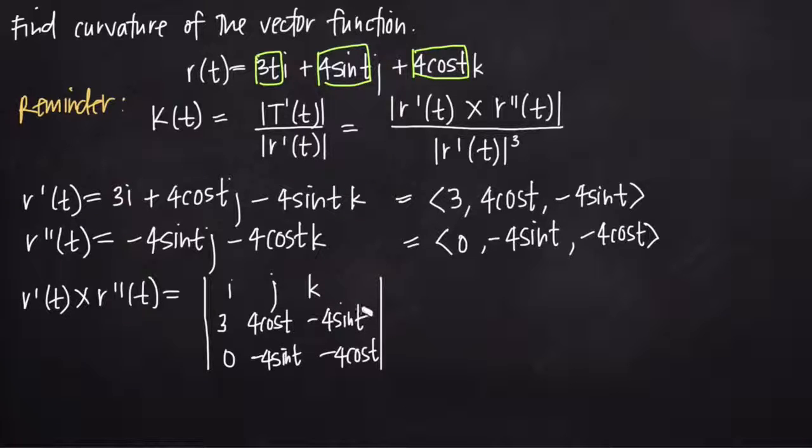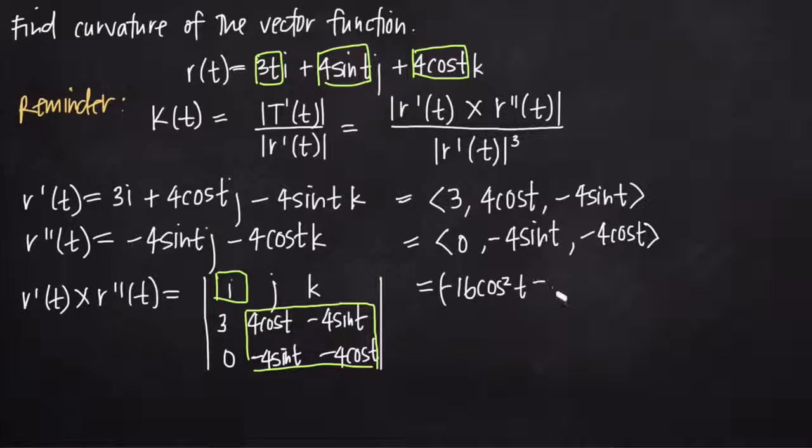Remember the way that we do that, we're going to start with i here, and we're going to take everything outside of the row and column that includes i. So we're going to ignore the first row, and we're going to ignore the first column, which means we're just taking these right here. We're going to multiply the upper left and the lower right together. So 4 cosine t times negative 4 cosine t is going to give us a negative 16 cosine squared t.